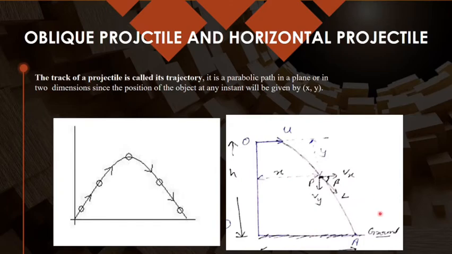Whatever directions I am taking, x, y or y, z, accordingly I can have the position at any instant of time. So two types of projectiles we have to study in detail. One definition you have to note: what do you mean by trajectory. Trajectory is simply the path followed by the projectile.